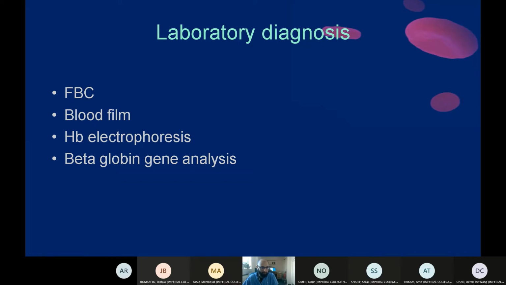And we'll see a plot of that on the next slide. Although rarely needed to confirm the diagnosis, beta globin gene analysis will demonstrate the mutation that we've seen earlier. There is one other test that is sometimes helpful, the sickle solubility test, which particularly can be helpful in patients with sickle cell trait, where there are no obvious morphological features on the blood film.